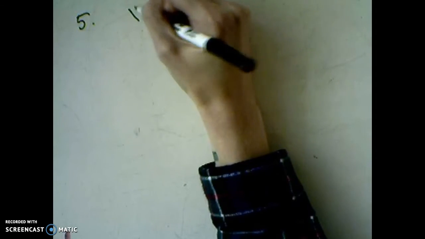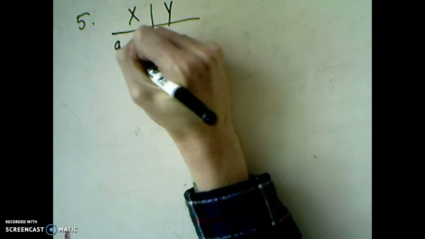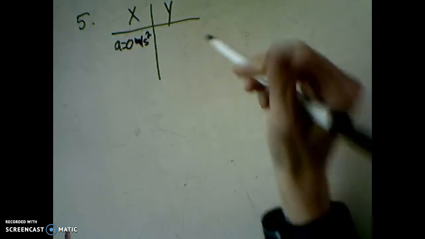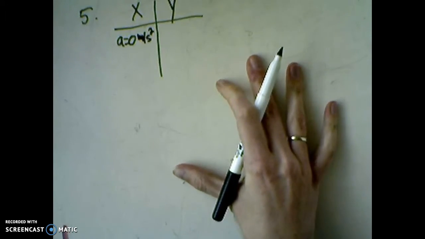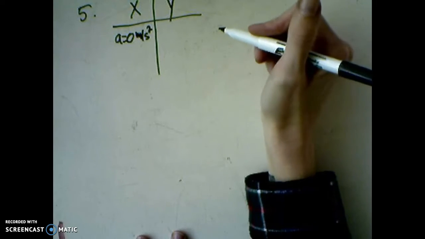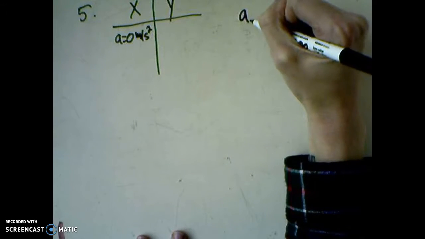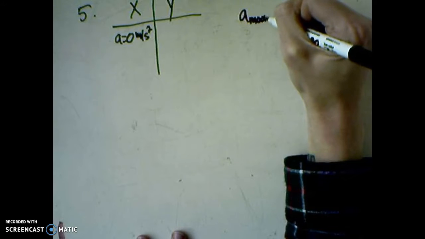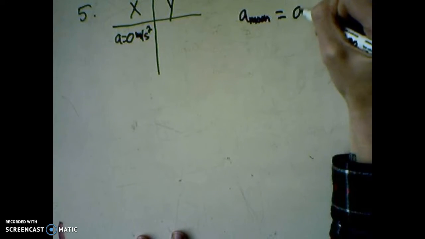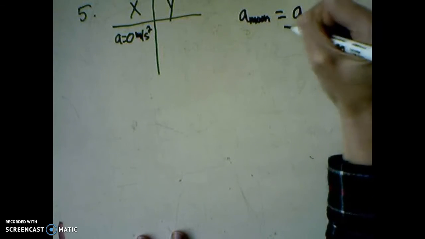All right, so I want to make my x and y lists. A is 0. That is still true for the x direction. For the y direction, I'm on the moon now, and on the moon, the acceleration, it tells me, is 1/6 that of Earth. So to find the acceleration on the moon, I need to take the acceleration on Earth and divide by 6.